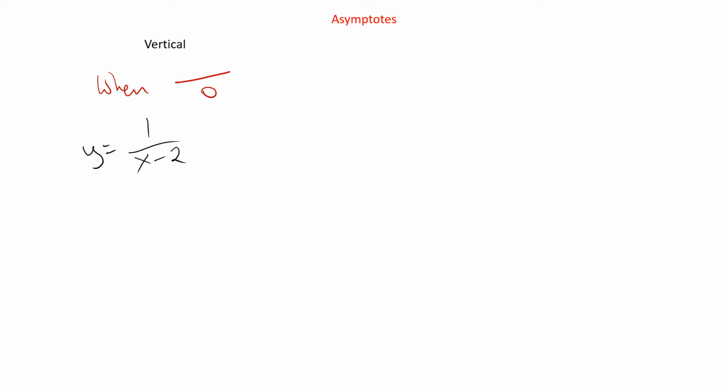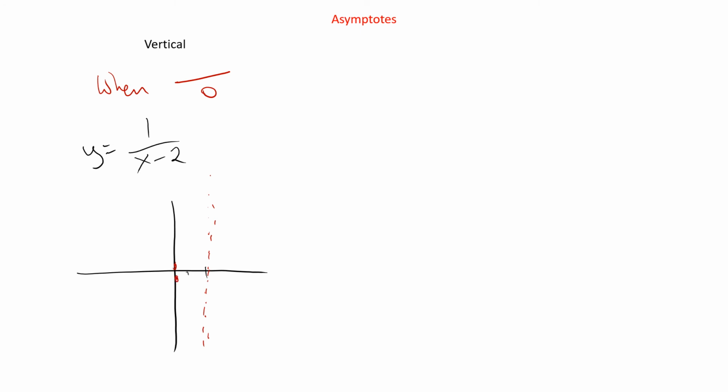So to graph these, we know that we have an asymptote at 2. So I generally put a dotted line so I remember it's there. And then we can plug in some points. So let's see, when x equaled 0, it was negative 1/2. When x equaled 1, it was negative 1. 1/2 is down here.